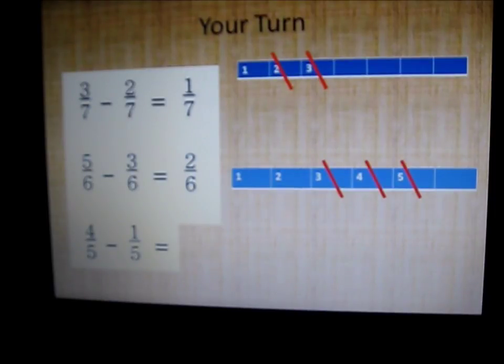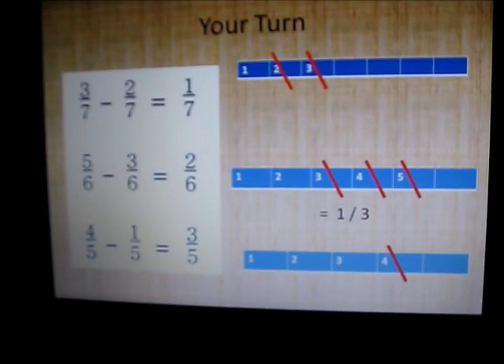This can be simplified to 1/3. And 4/5 minus 1/5 equals 3/5. I know that 5 is a prime number and 3 is a prime number, so this fraction cannot be simplified.